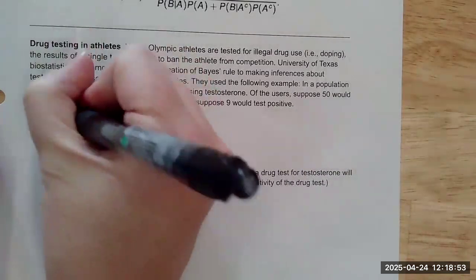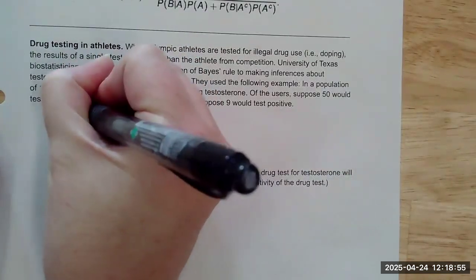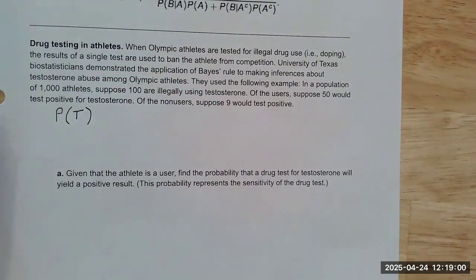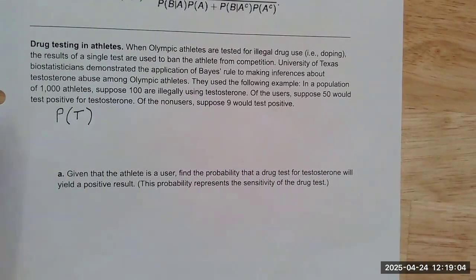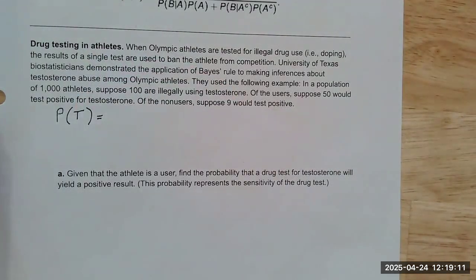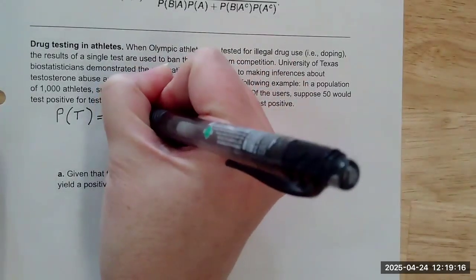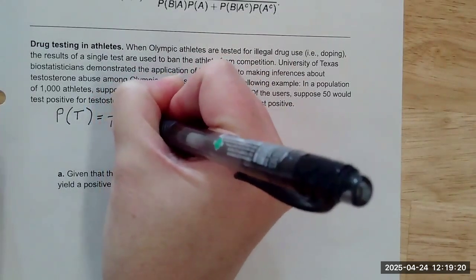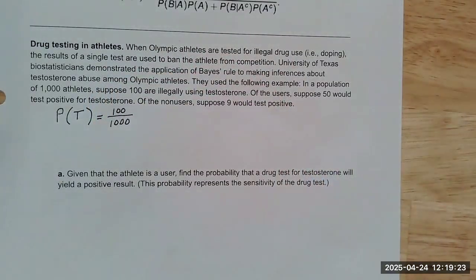So the probability of capital T, meaning they're actually using testosterone. I'm going to use capital T to say they're using it. If we have 1,000 athletes and 100 of them are, we write the 100 on the top and the 1,000 on the bottom. There's nothing wrong with that number, but we usually turn it into a decimal now.